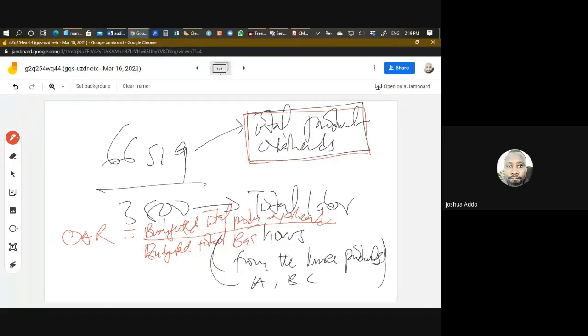So if the basis is machine hours in this case, it will be budgeted total machine hours or budgeted total labor hours, whatever the basis is. So that's the formula.